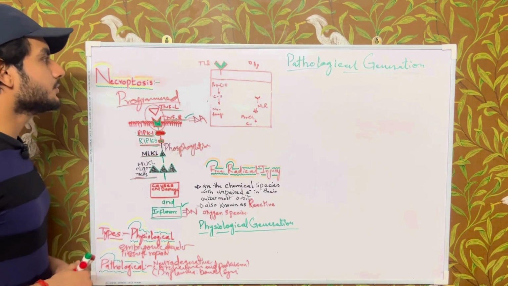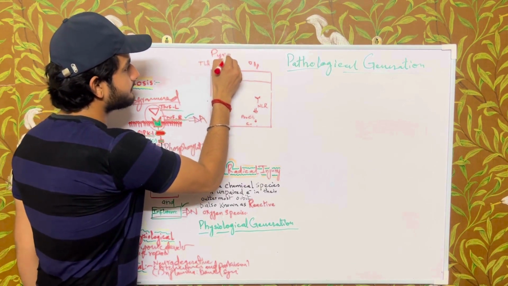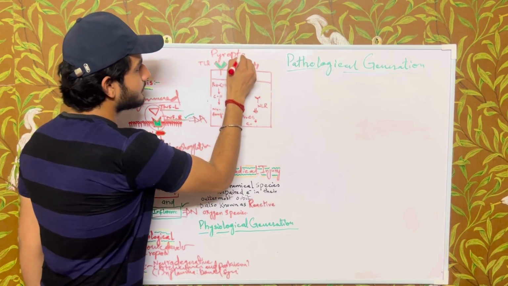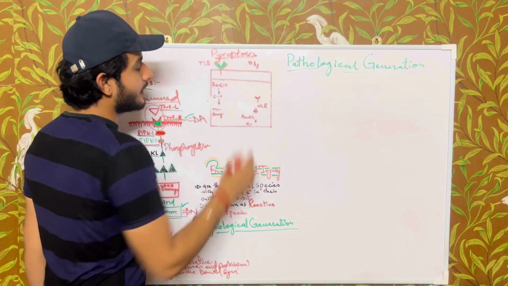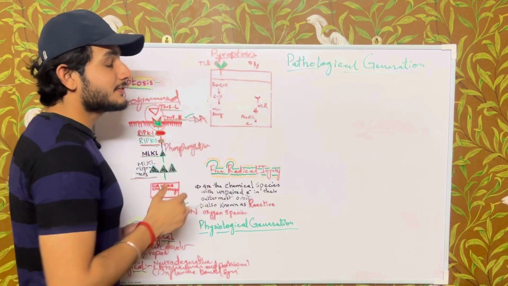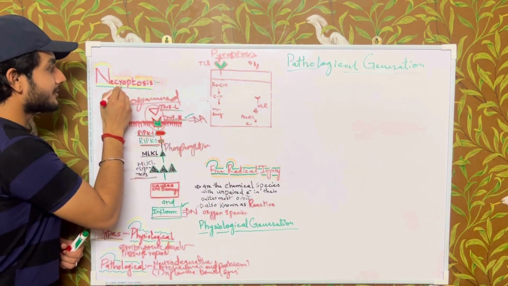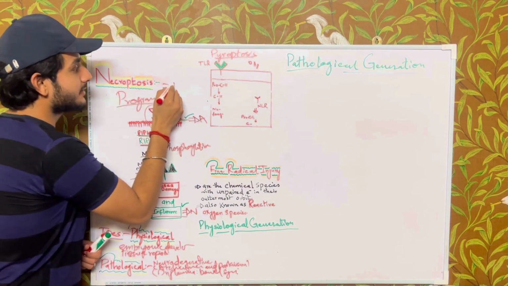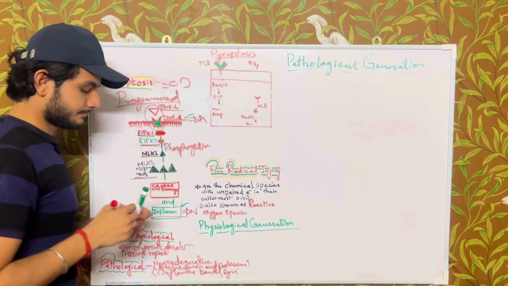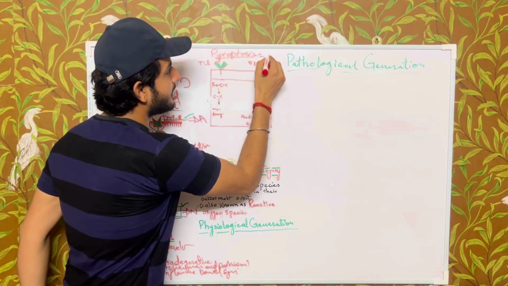So let's dive into pyroptosis. Pyroptosis is also an example of programmed cell death, but it is caspase dependent. But necroptosis was caspase independent. Unlike necroptosis, pyroptosis is caspase dependent.